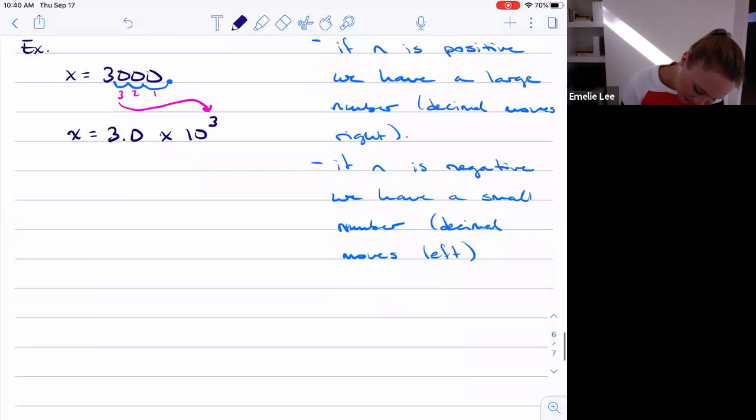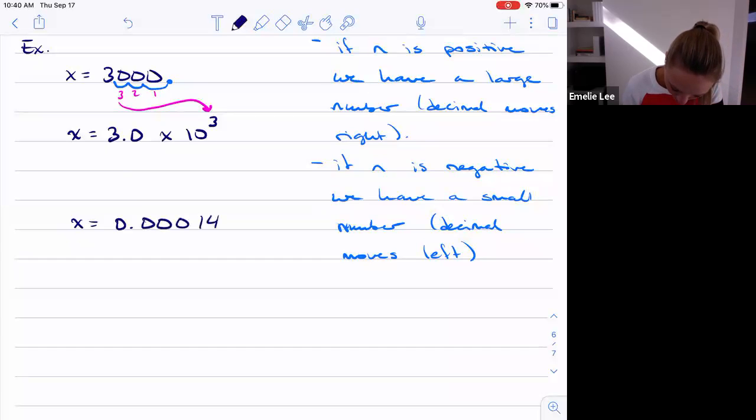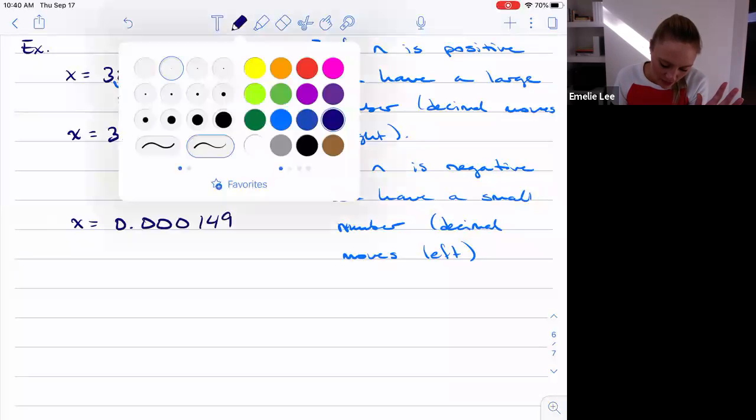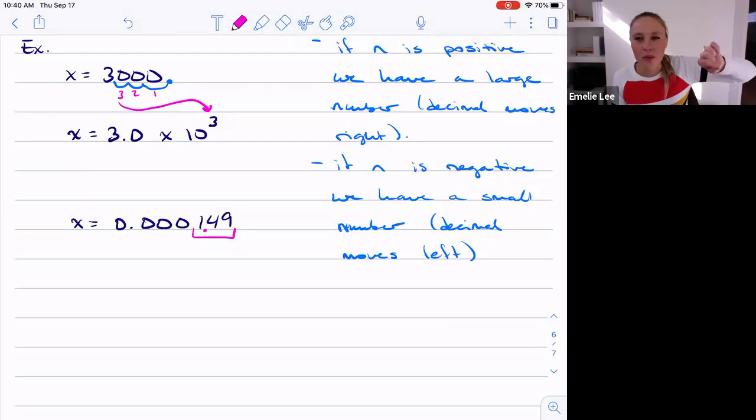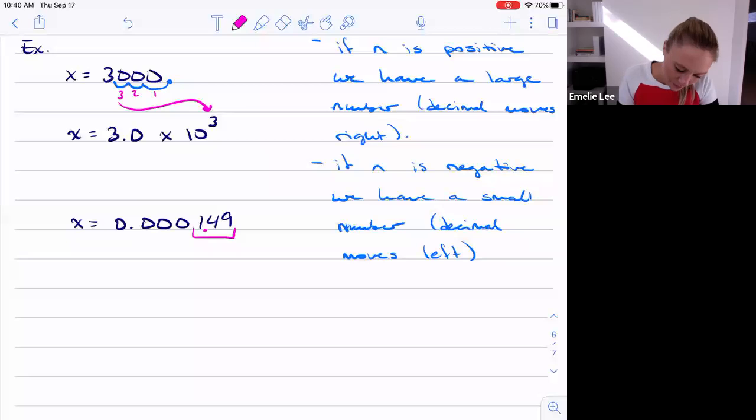Whereas on the other end, if we have x is 0.000149 in scientific notation, I need my a, my actual number, to be between 1 and 9. So that's going to be this guy here. I want to move my decimal to be just after the 1.